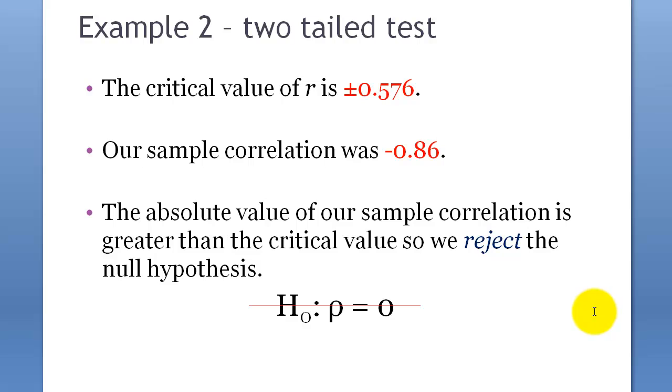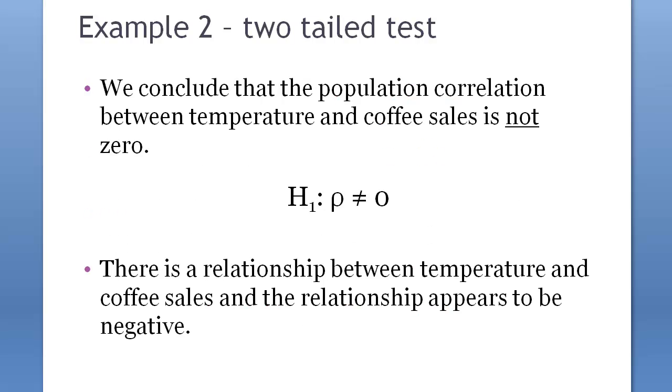So it falls in the critical region. So we have to reject the null hypothesis that there's no correlation. So, statistically speaking, there was a correlation. That's a relationship, statistically speaking.